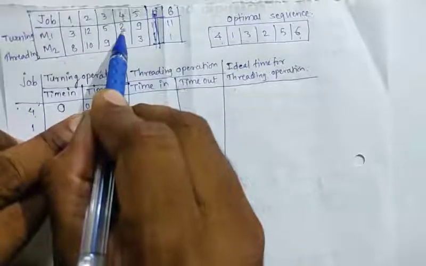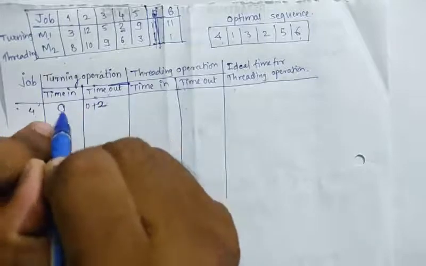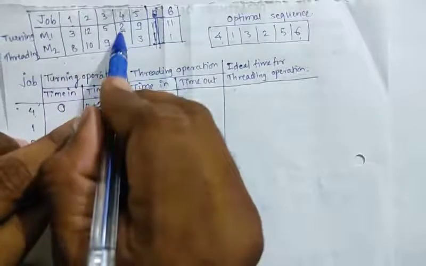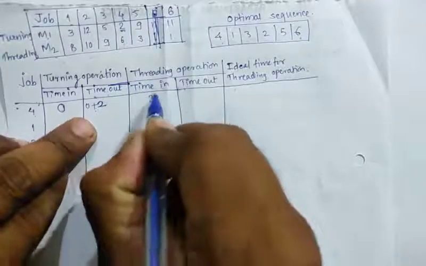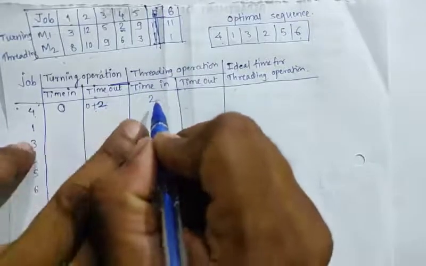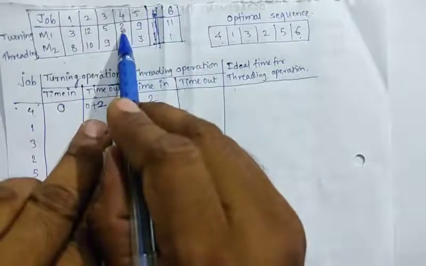For machine M1 there should be 2 minutes, and after 2 minutes it goes to machine M2.